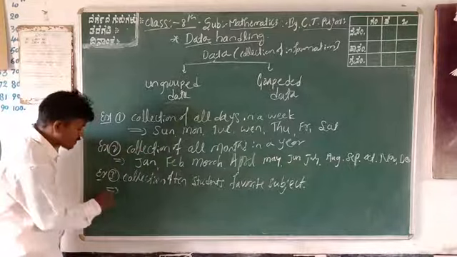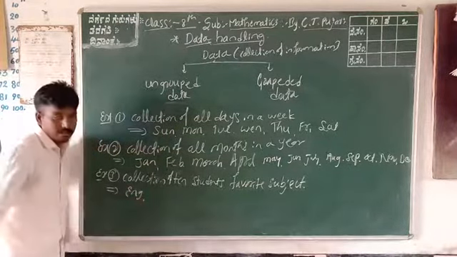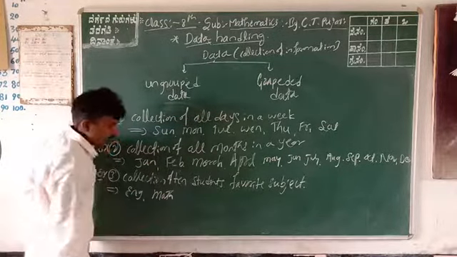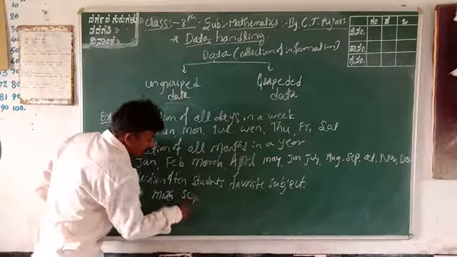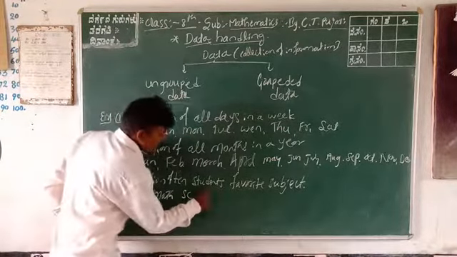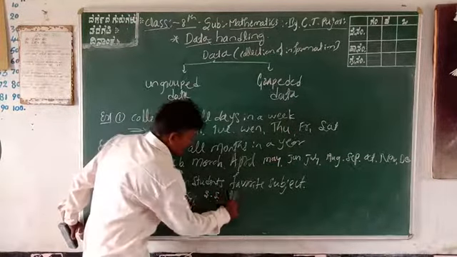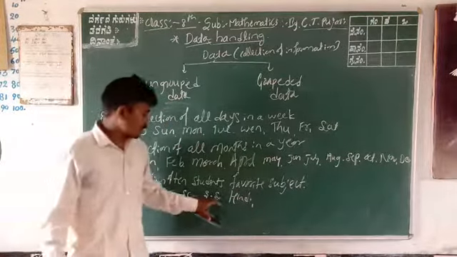The first student said English. The second student, maths. The third student, science. The fourth student said SS. The fifth student, Hindi.